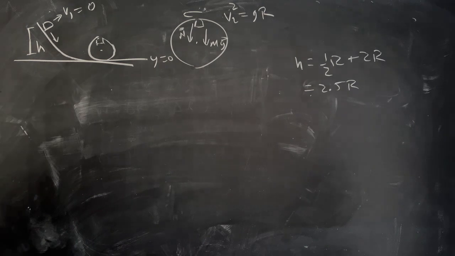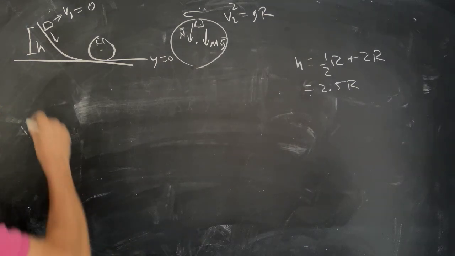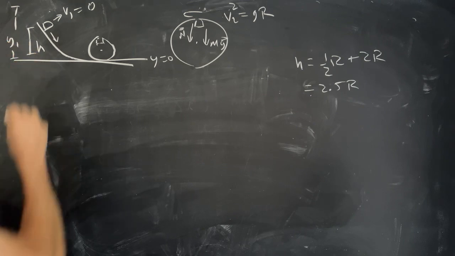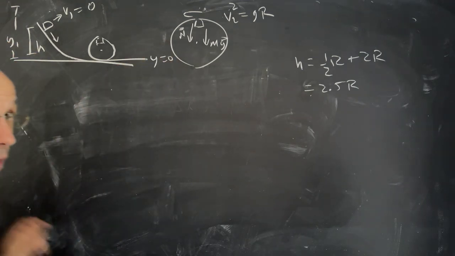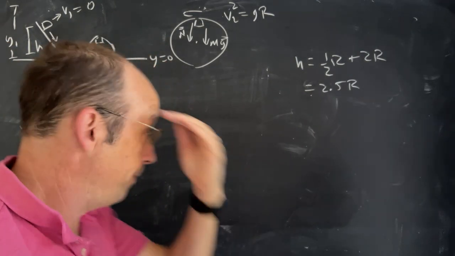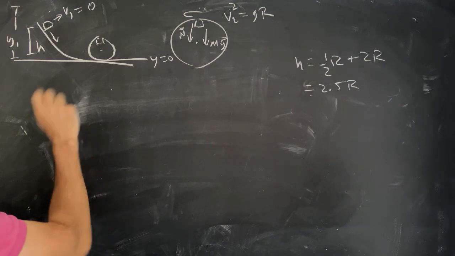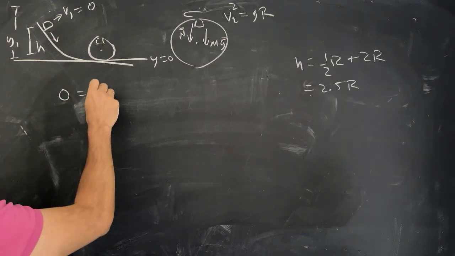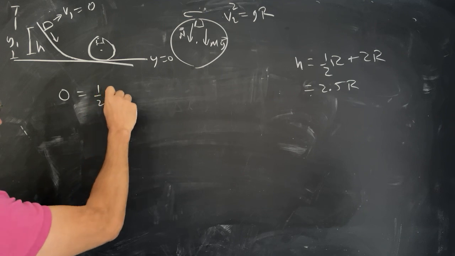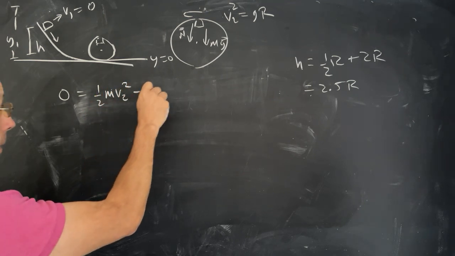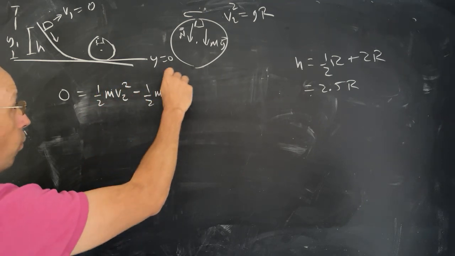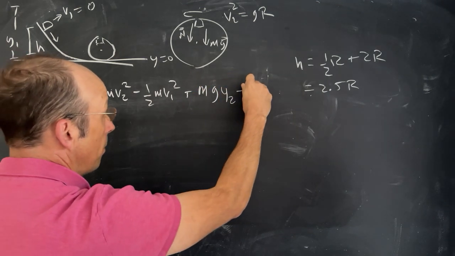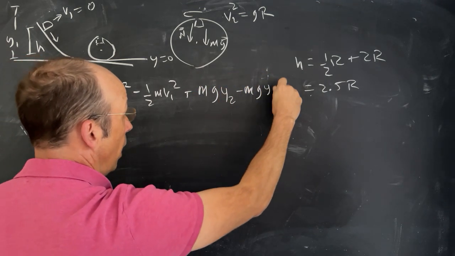So let's say I release it from initial height, let's call it y1, and I want to find the normal force. So the first thing I need to do is to find the speed. Okay, so again, doing the work energy, I get 0 is the final kinetic energy, 1/2 m v2 squared minus 1/2 m v1 squared plus mg y2 minus mg y1.